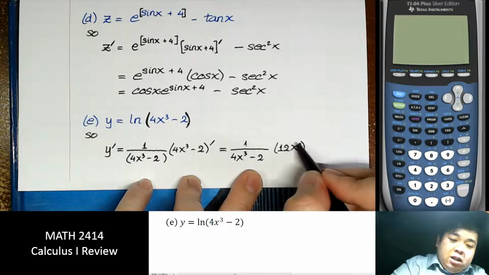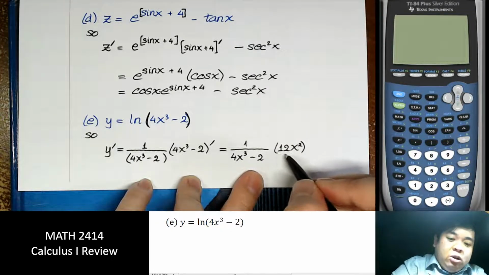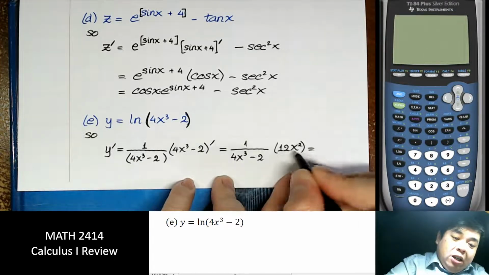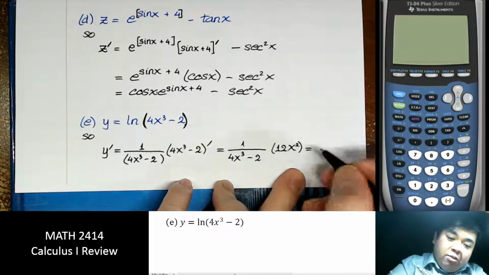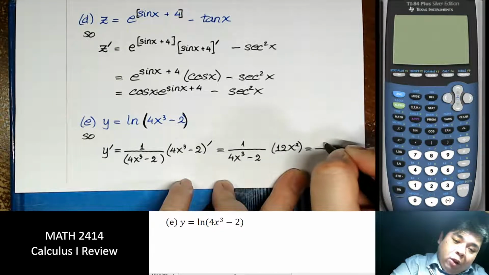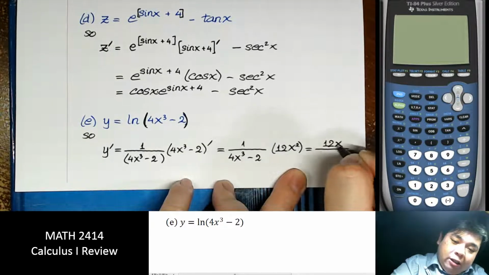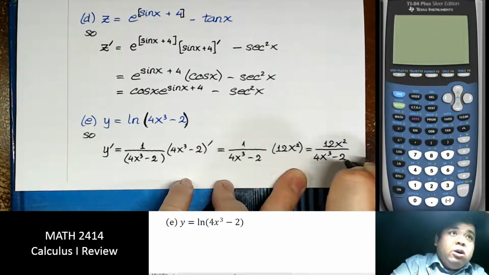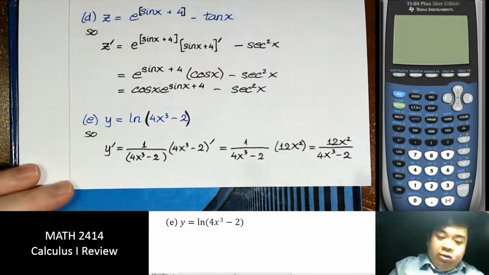Again, this is not raised to any power, so we try to move that somewhere so we don't have to put the parentheses around it. So multiply 1 on the top, we have 12x squared over 4x cubed minus 2, and that's what we have.